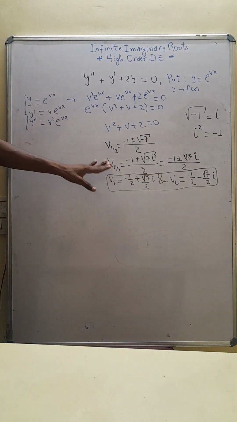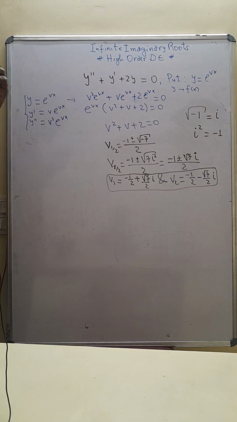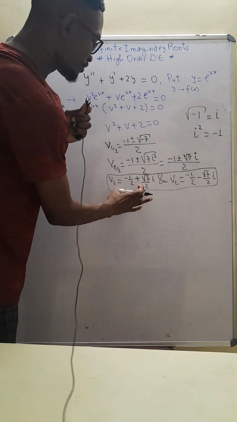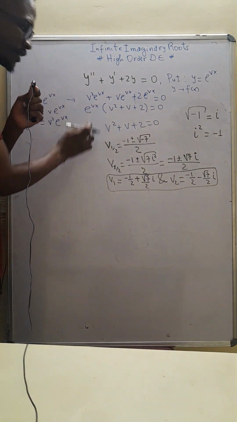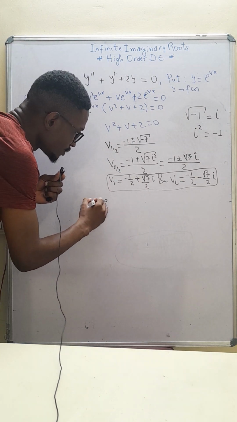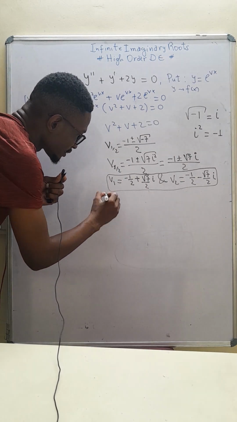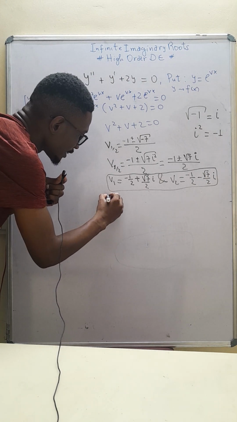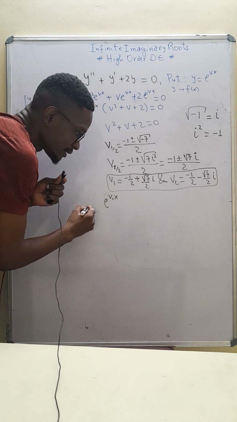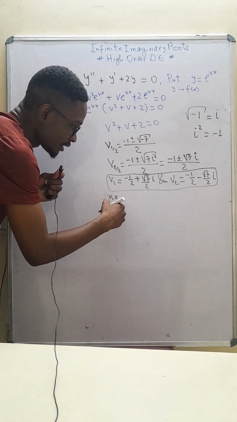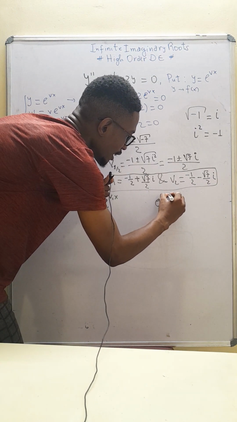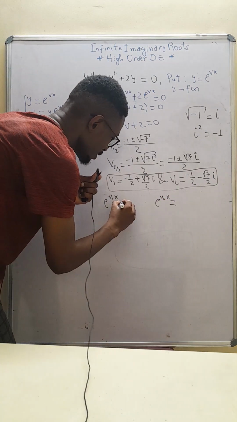So now from here, we will do the same thing we did. We have to substitute the values that we have found in this expression. The first solution will be something like this: Euler's number raised to v1 x. And this will be the second solution: Euler's number raised to v2 x, just in this way.